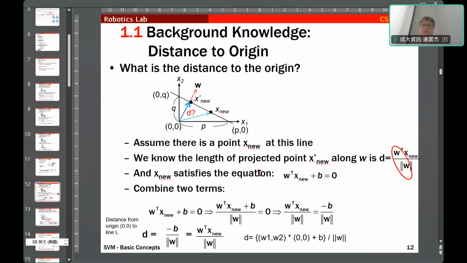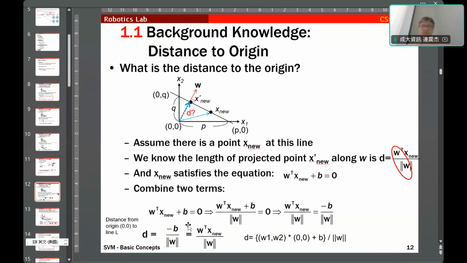The other one I want to tell you about is the distance D. This is the distance from the origin to the line. How can we calculate D?